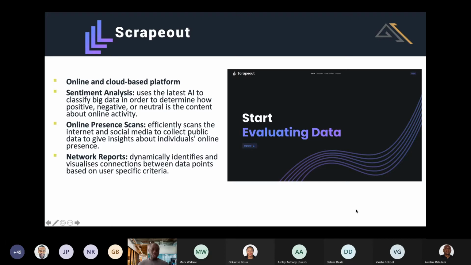Basically, it uses AI to classify what we scrape on the web about an individual into high risk or low risk. In addition to that, you've got your social media presence. An individual does have a social media or online presence, but what's quite important, especially when you're dealing with AML, is your financial presence.